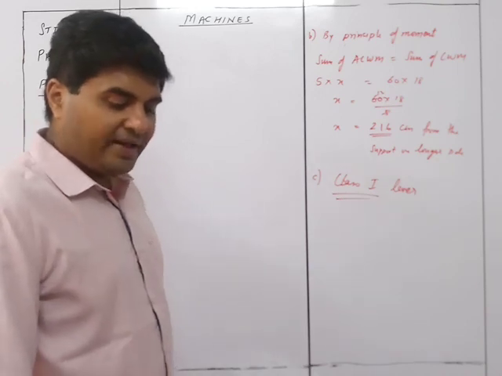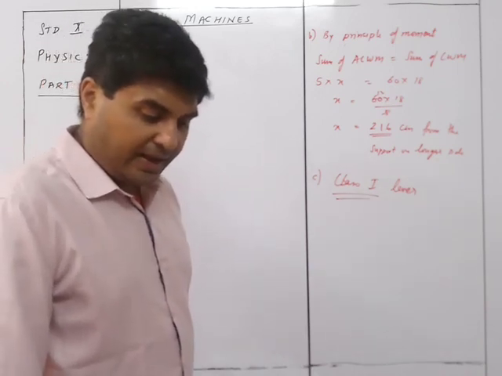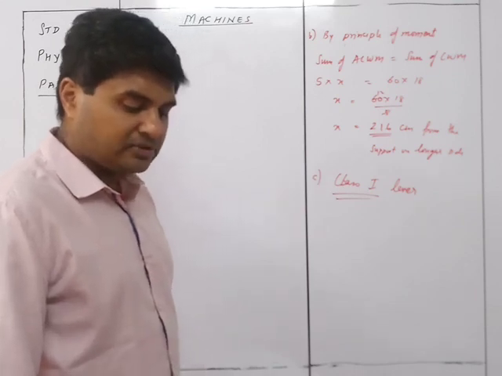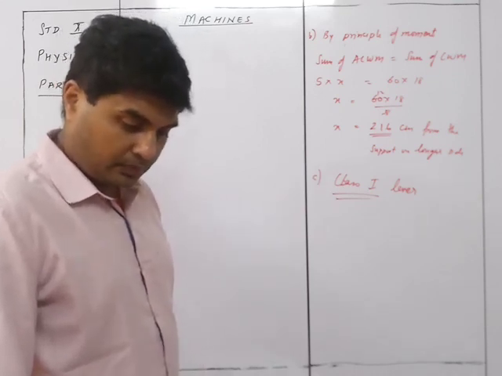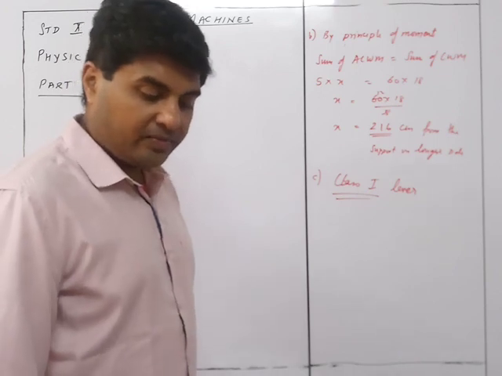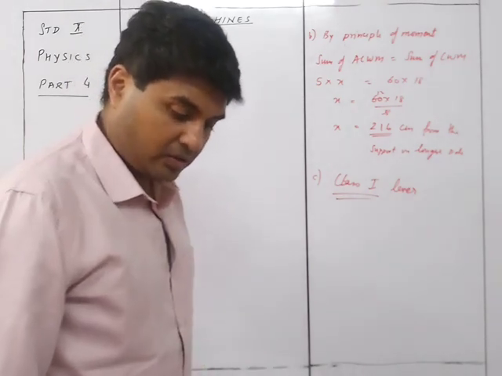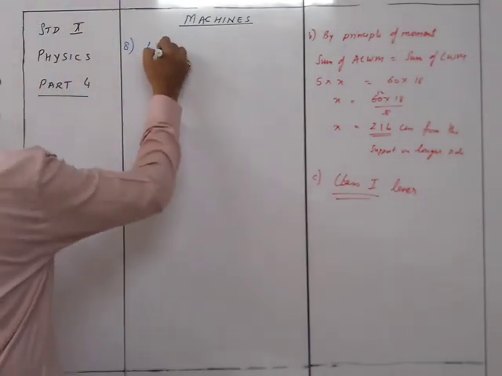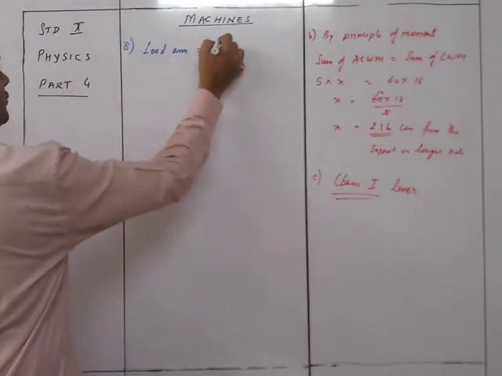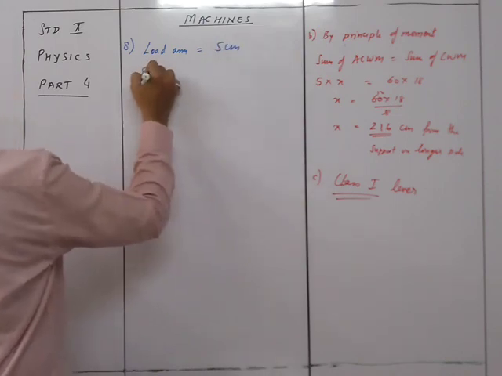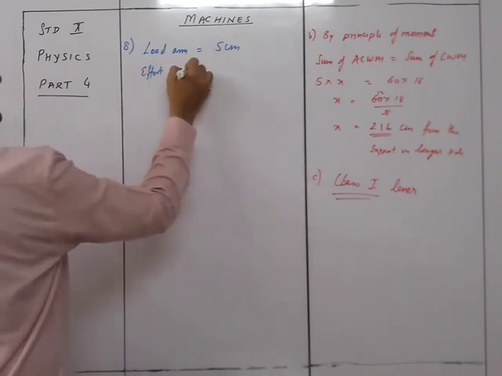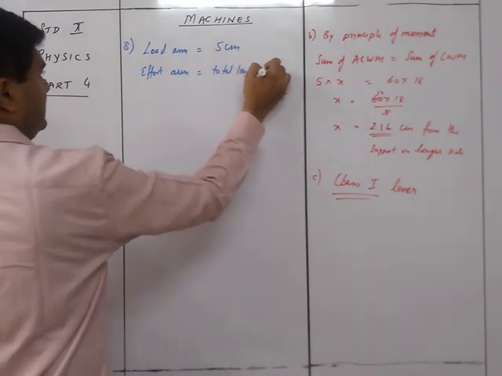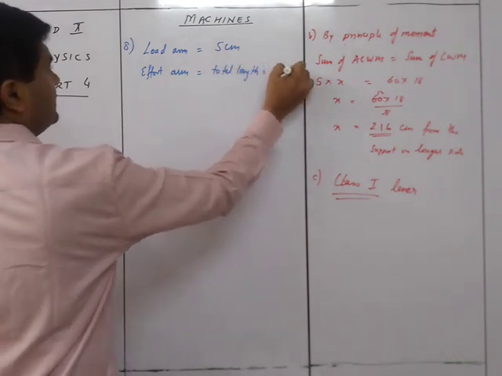A lever of length 9 centimeters has its load arm 5 centimeters long and the effort arm 9 centimeters long. So they are given a lever which is 9 centimeters long, and so load arm is equal to 5 centimeters, effort arm is equal to total length, 9 centimeters.